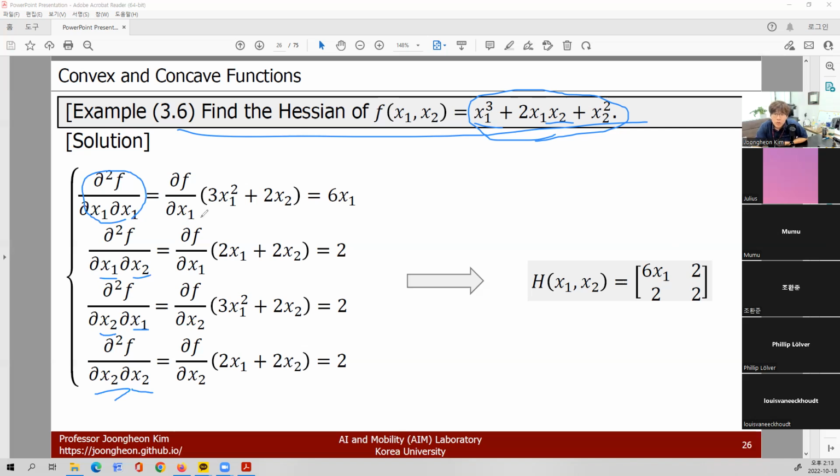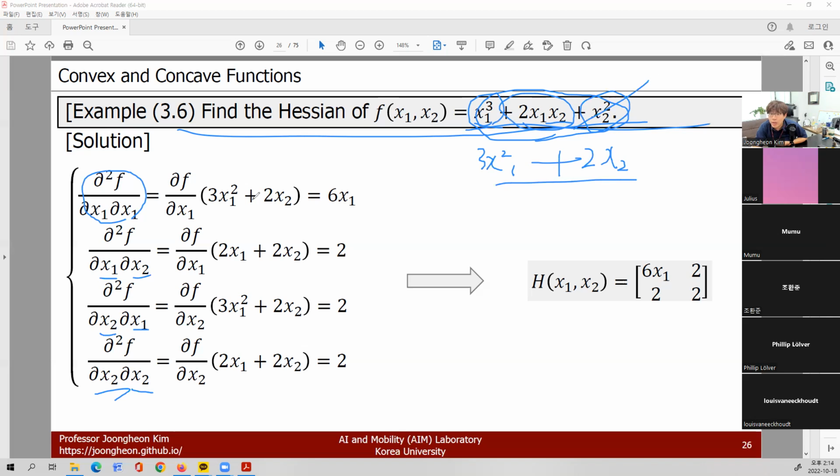Okay, so let's do the partial derivation for this one with x sub 1. Then this becomes 3x squared plus 2x sub 2, and this other term will be considered as a constant and will disappear.